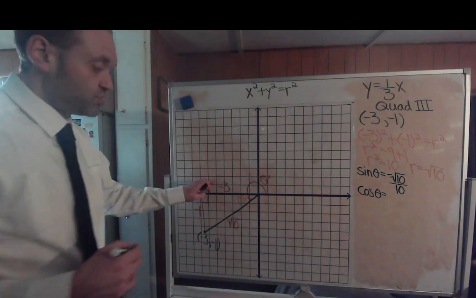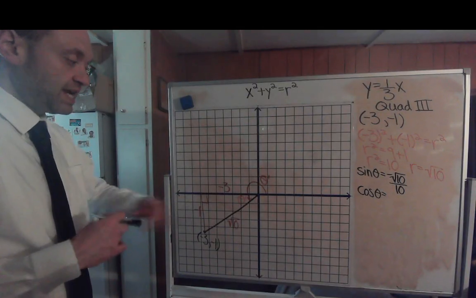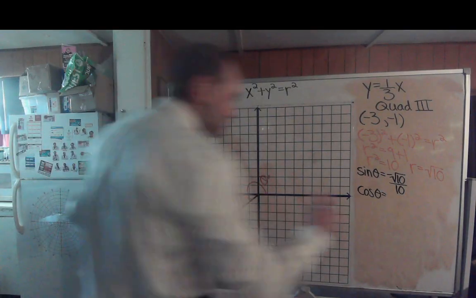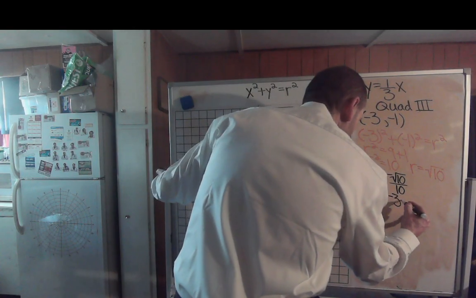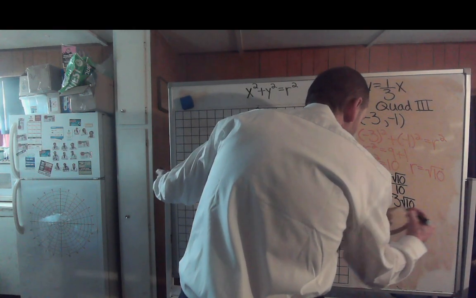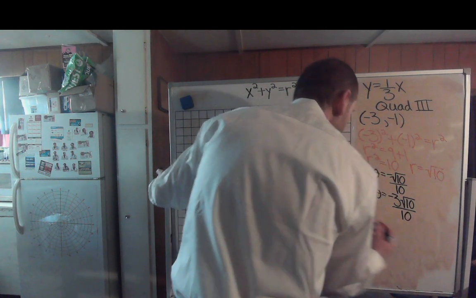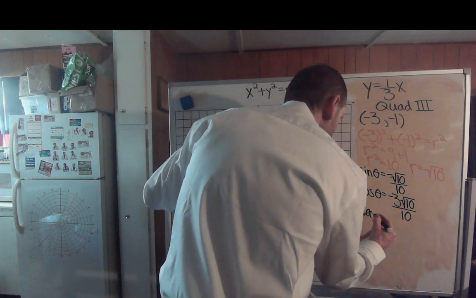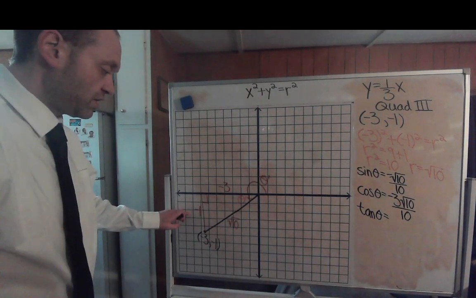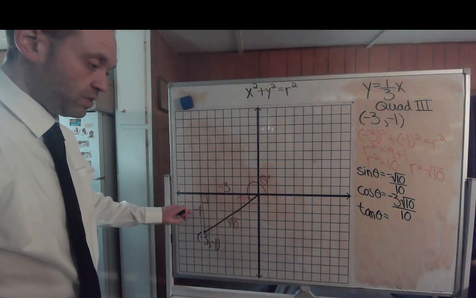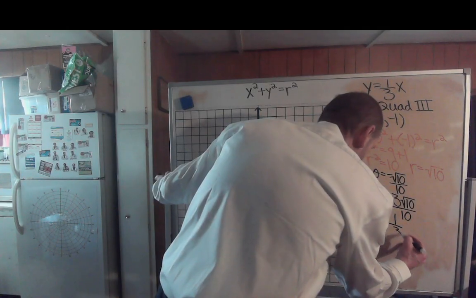That's going to be adjacent over hypotenuse, so -3 over square root of 10 turns into -3 times the square root of 10 all over 10. Let's find the tangent of theta. That, of course, is opposite over adjacent. -1 divided by -3 is positive 1/3.